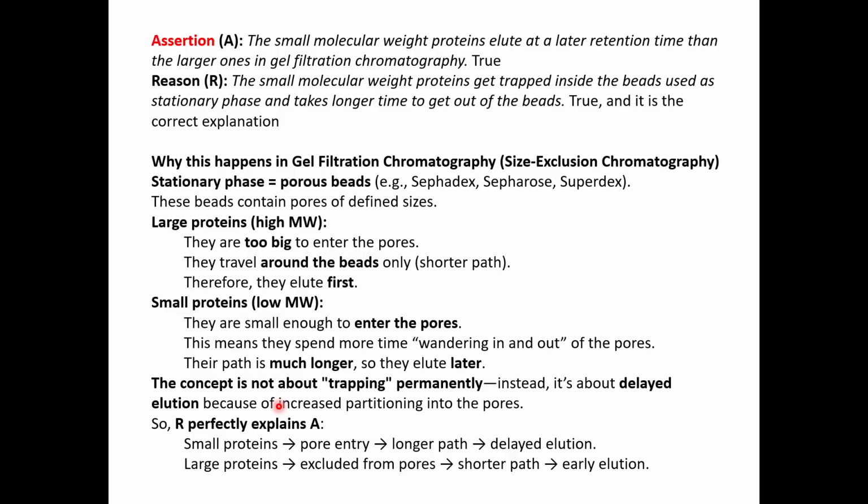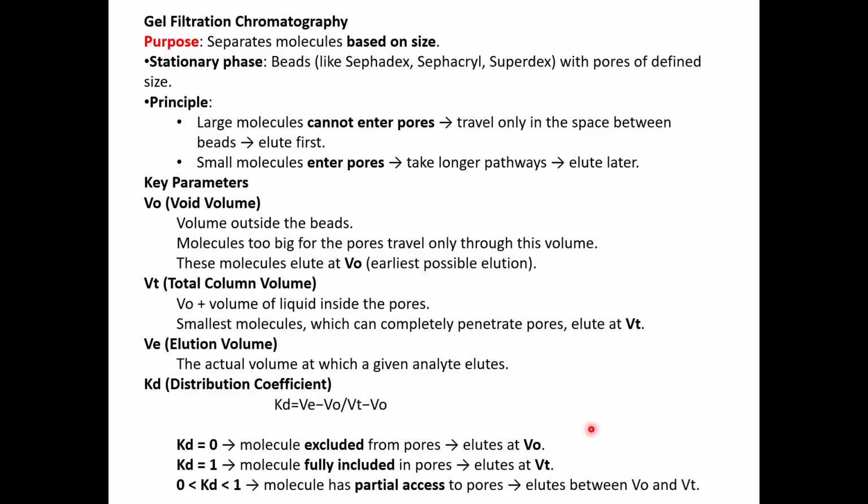Like we discussed, the elution is because of increased partitioning into the pores. Your partition coefficient or distribution coefficient, which we also discussed a couple of sessions ago, is given by a formula which has volumes of your void, elution, etc.